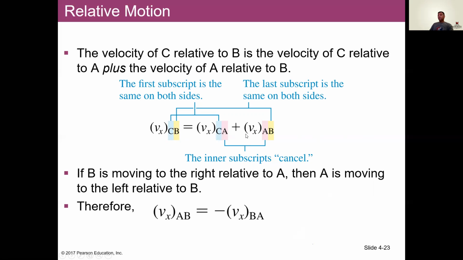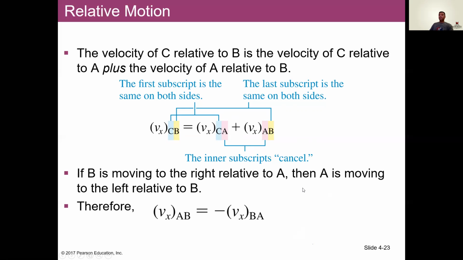Then you bring in the velocity of Amy with respect to Bill, and you will get VCB. Without directly knowing VCB, you can find it by this chain rule, okay? The inner subscripts cancel. The outer subscripts define what you are finding.